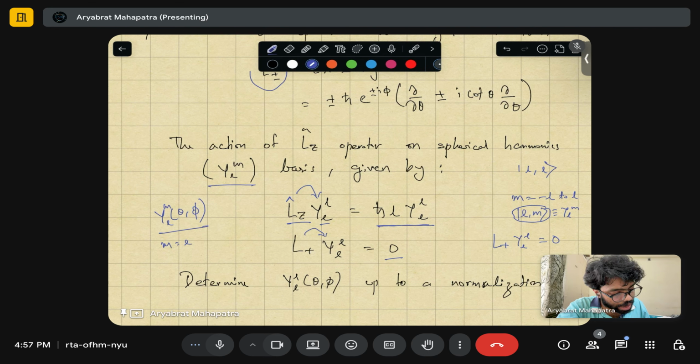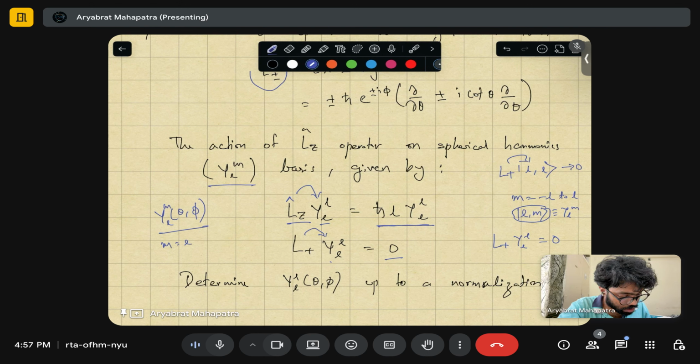So if L plus acts on this, it has to go to zero because there is no other state above it. Beyond LL there is no other state. That is why when L plus acts on YLL, it gives you zero.